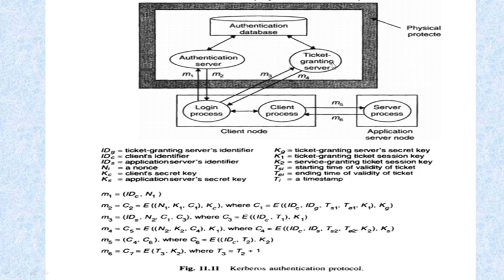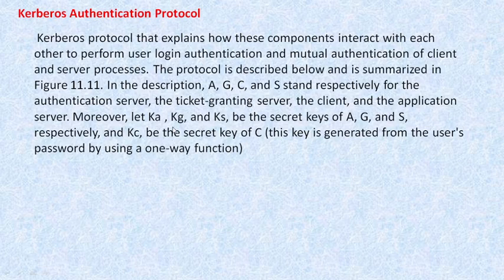After verification of the authentication server identity, it generates and sends a message M4 in an encrypted form. Like that, the process will go on and the client will send the request to the server. Only after authentication verification of that client will the server process the request of the client, and that will be passed via M6. So this is what I have explained: A is the authentication server, G is the ticket granting server, C is the client, and S is the application server.